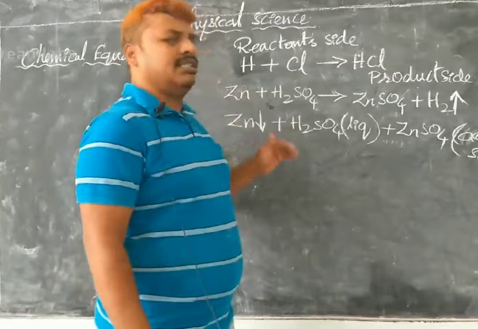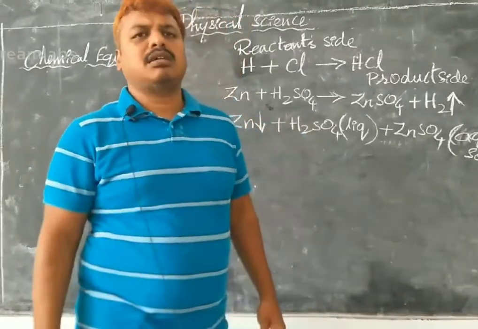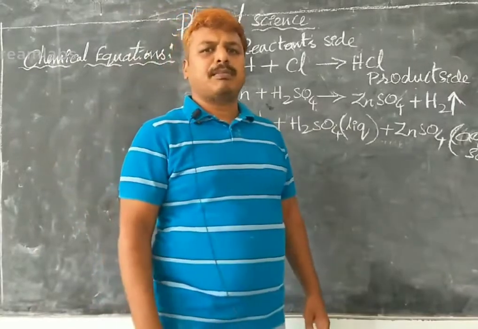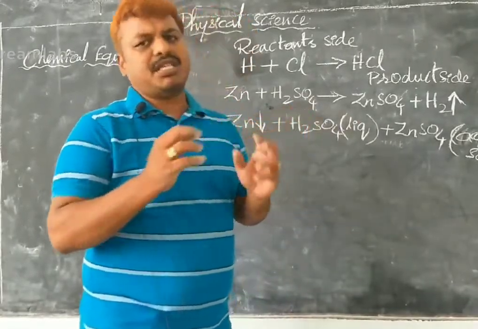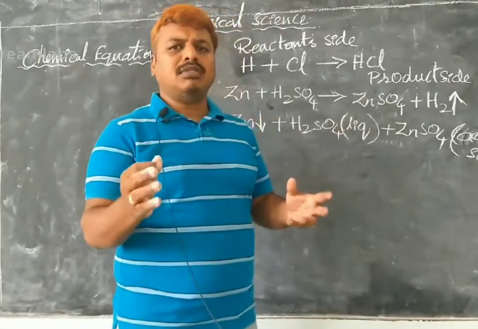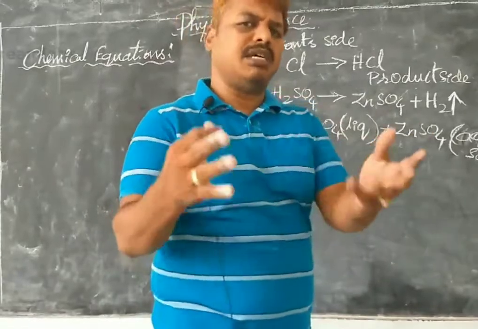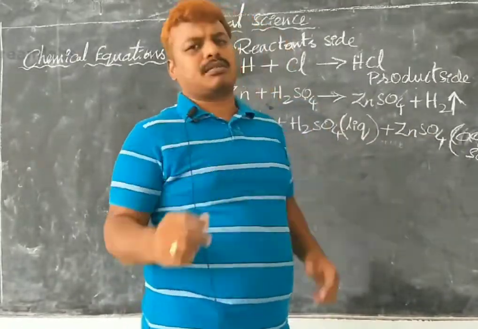These reactants may be solids, atoms or molecules, and they mix with each other and form product. When products form, they give you aqueous solution or gases, or sometimes solids or sometimes liquids.